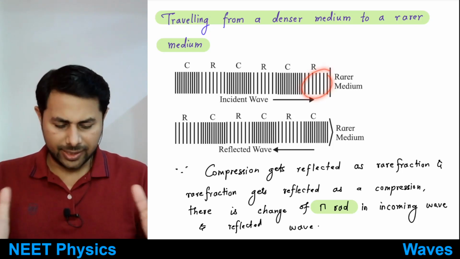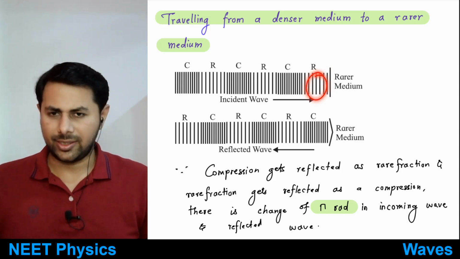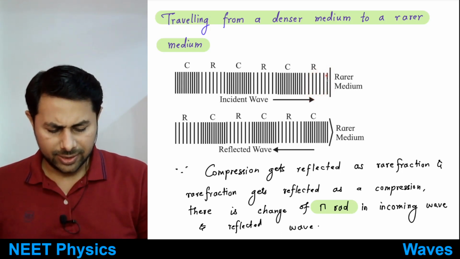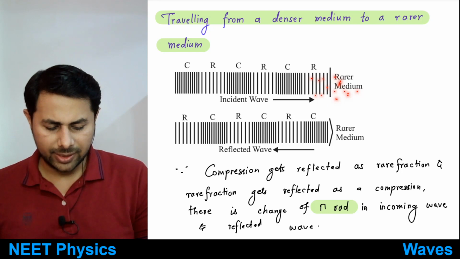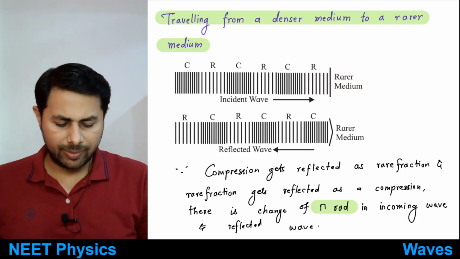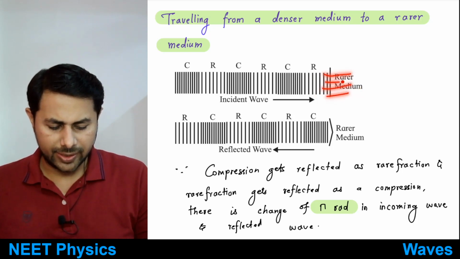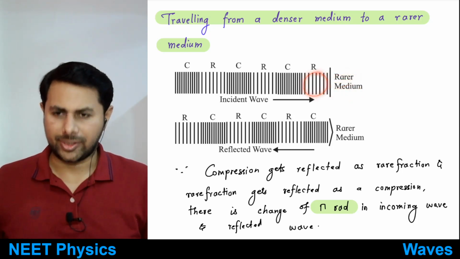Okay, in case of rarefaction, what happens? The particles are going away from each other, so density would decrease there. So these particles at this end, they are entering, suppose, the rarer medium. Okay, these particles are entering the rarer medium, they are going away from each other. So what will happen? These particles are entering further into the rarer medium, so what remains there would be a compression.